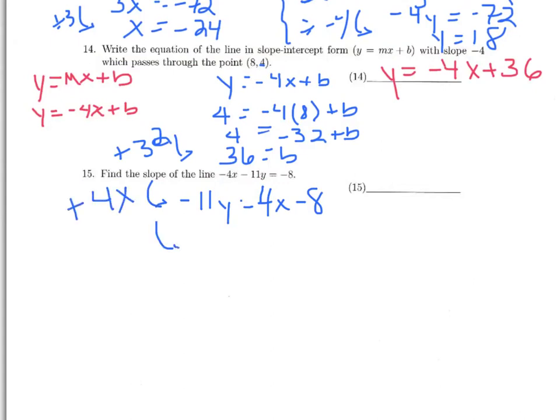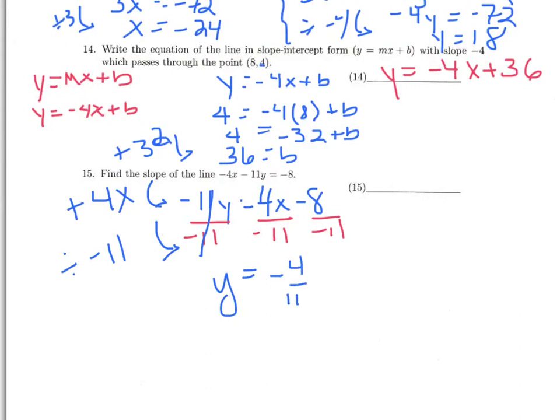Now we want to divide everything by negative 11. It may be helpful at this point to actually write down what you're doing at each step, and these divide out, so you get y equals negative 4 over 11x plus 8 over 11.